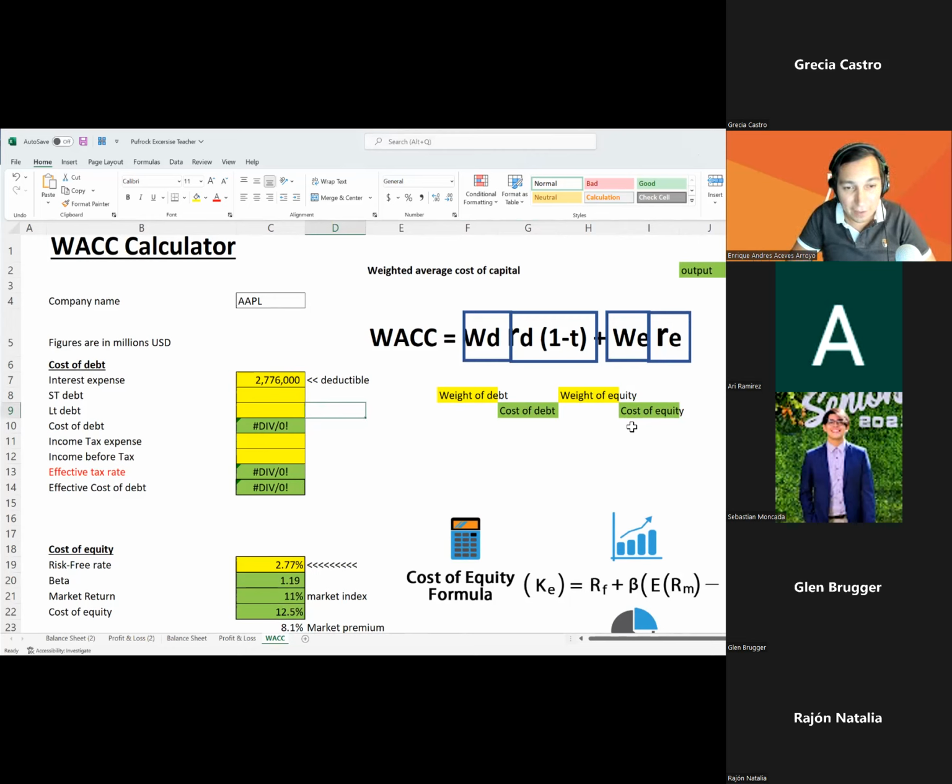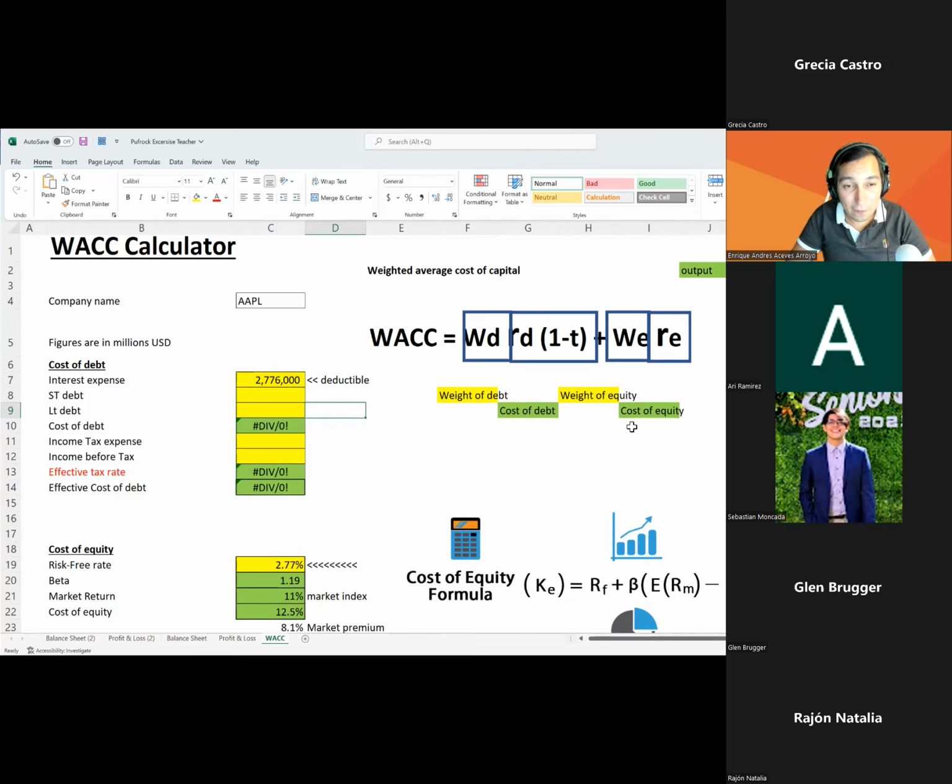The short-term debt amount? Short-term debt payment. How much do you have? Okay, it doesn't appear in 2021. It appears in 2020.